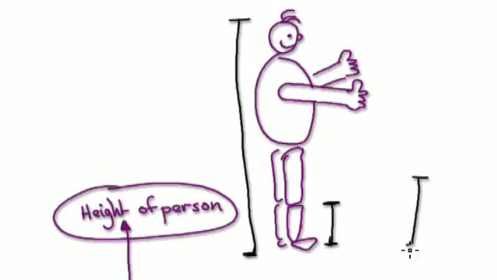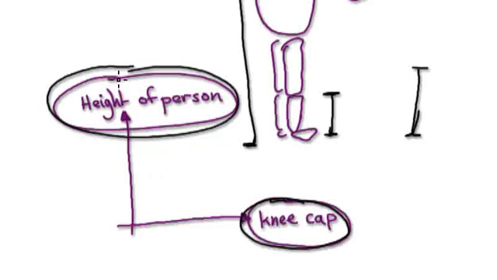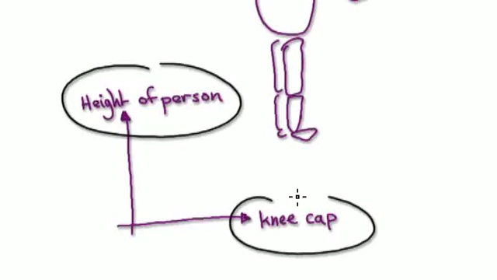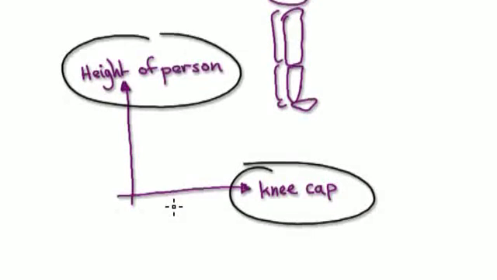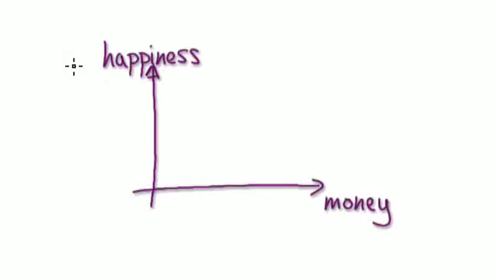If this is truly the case, where the height of the kneecap is directly proportional to the height of the person, then by knowing the height of the kneecap, you can work out the height of a person. I'm not sure if this is true. Maybe you have to investigate. But you could put up a good argument where the height of the kneecap is directly proportional to the height of a person.